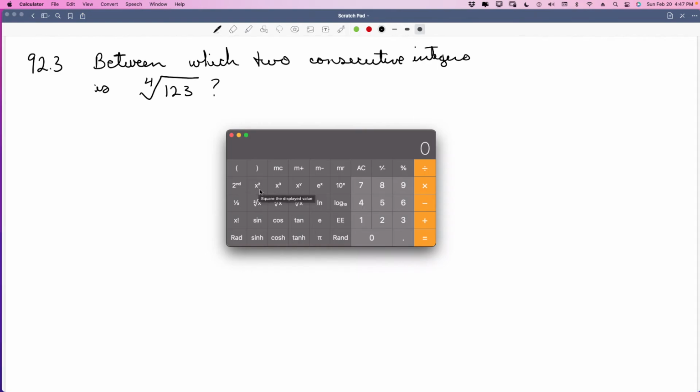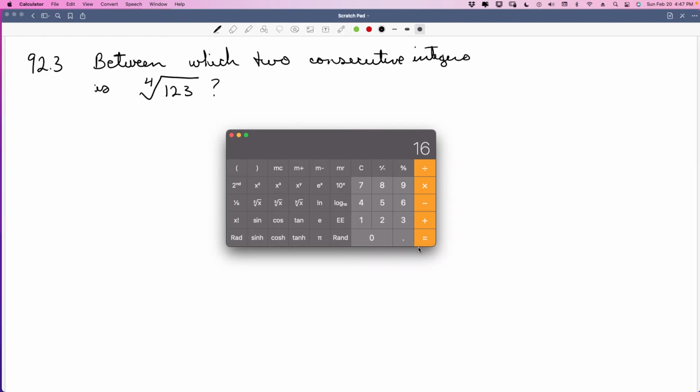Like here we have squared, here we have cubed. This allows you to raise it to whatever power you need, and in this case, that's going to be the 4th power, right? That's what this little number is. Let's start with 2. 2, then we press the button X to the Y, and then we press the index that we need, which is 4. And we hit equal.